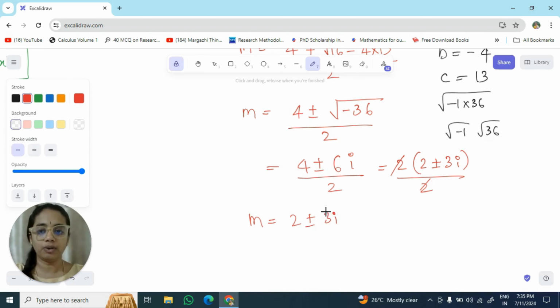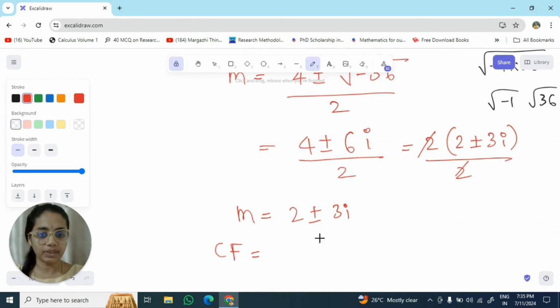So clearly, how can we write the CF? The CF would be e power ax. In place of a we have 2, in place of b we have 3, right? This is a and this is our b.